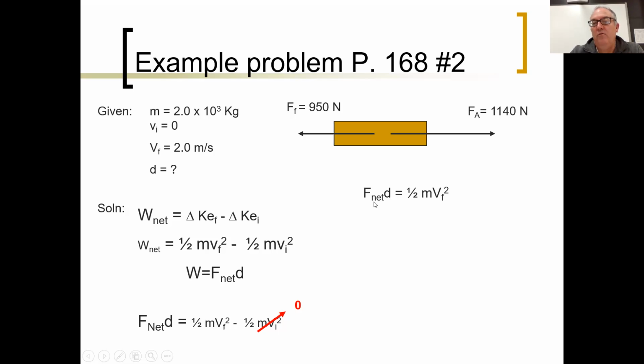And this is the net force. So really, we're talking about the applied force minus the force of friction. That's what that net force is going to be. Distance, there's what I'm looking for. I know the mass. I know the final velocity. So now it's just a little bit of algebra. I rewrote my formula for distance.